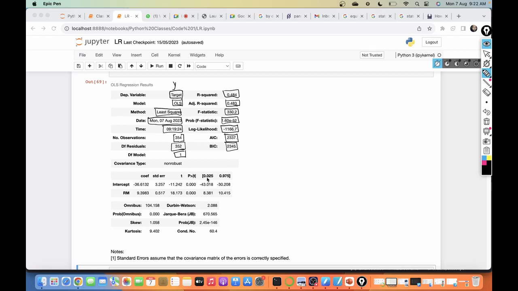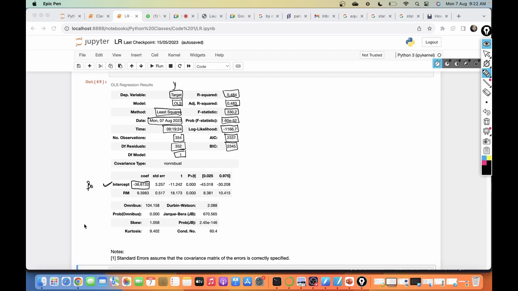Now, first we will see the equation. Now this is the intercept. Intercept represents what? Beta naught, right? The coefficient of beta naught, minus 36.